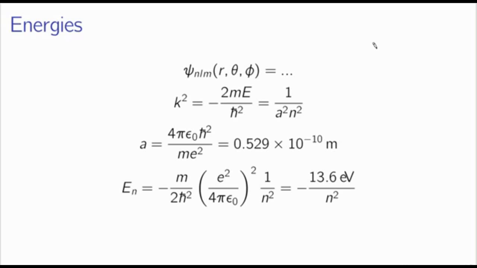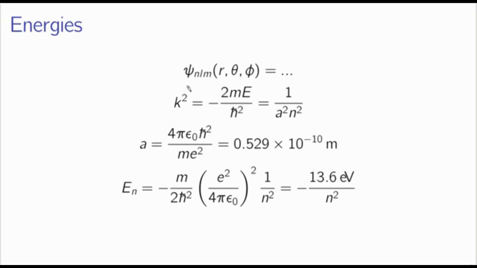As we went through the solution, we introduced a variety of constants, and then requirements, in particular for periodicity in the phi solution, the convergence and well-behavedness of the angular solutions, and convergence and well-behavedness of the radial solutions, gave us quantization conditions that we used to construct these n, l, and m.